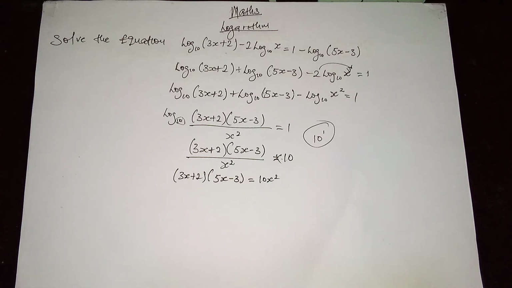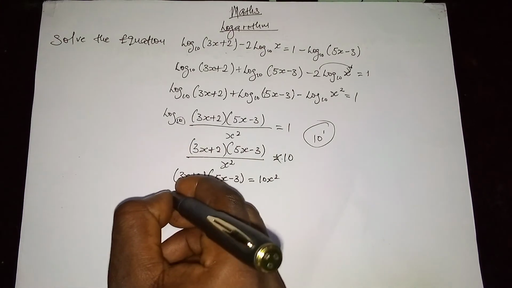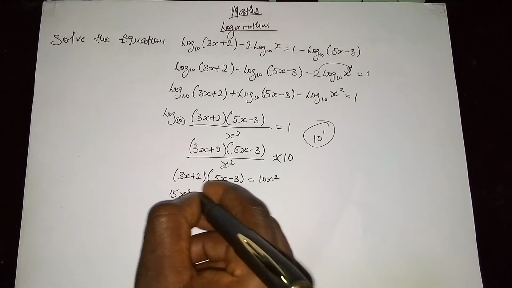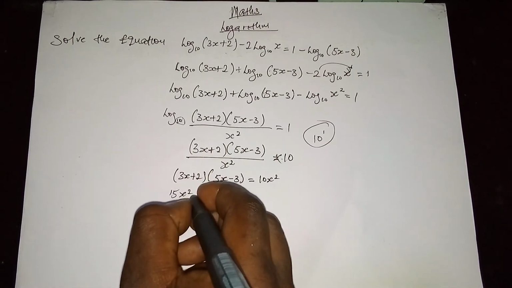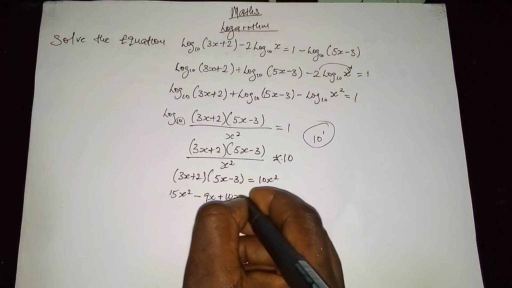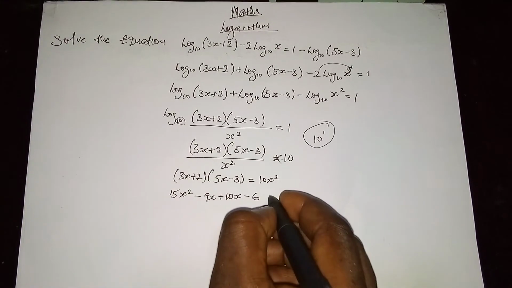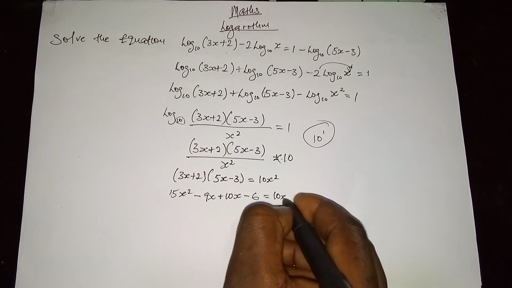If you take a good look at this, you see that we are getting a quadratic expression. So we're going to open this bracket, multiply 3x and 5x. Then we'll have 15x squared. 3x into negative 3 will have negative 9x. Then plus 10x, 2 into 5x. Then negative 6 is equal to 10x squared.